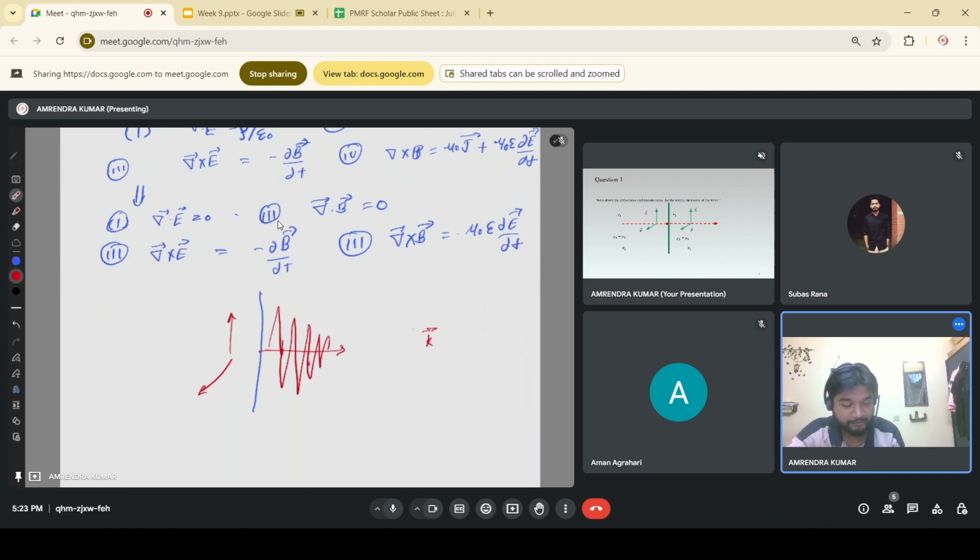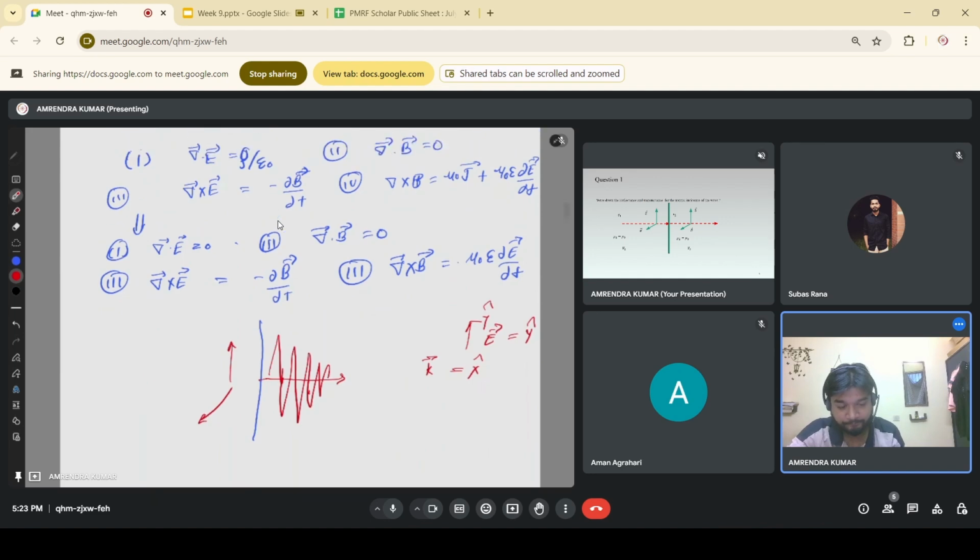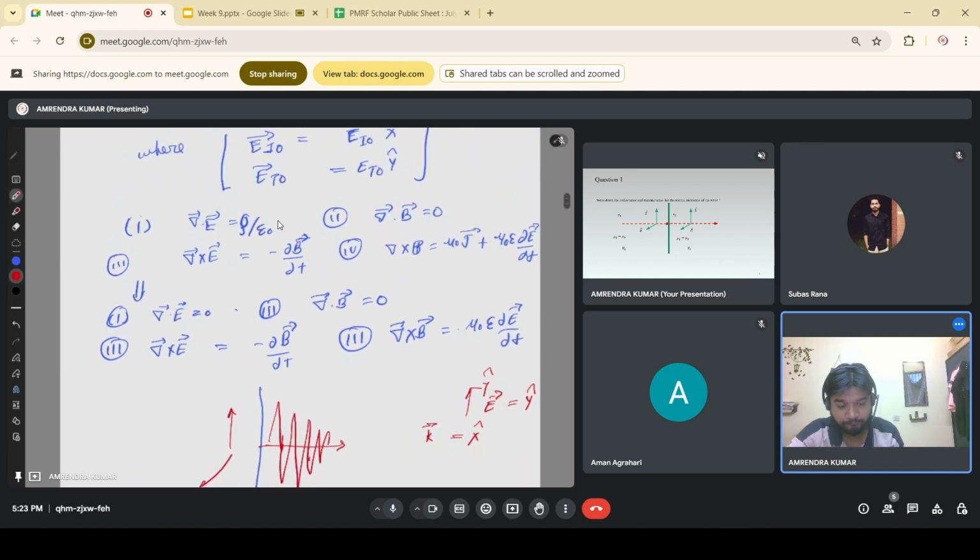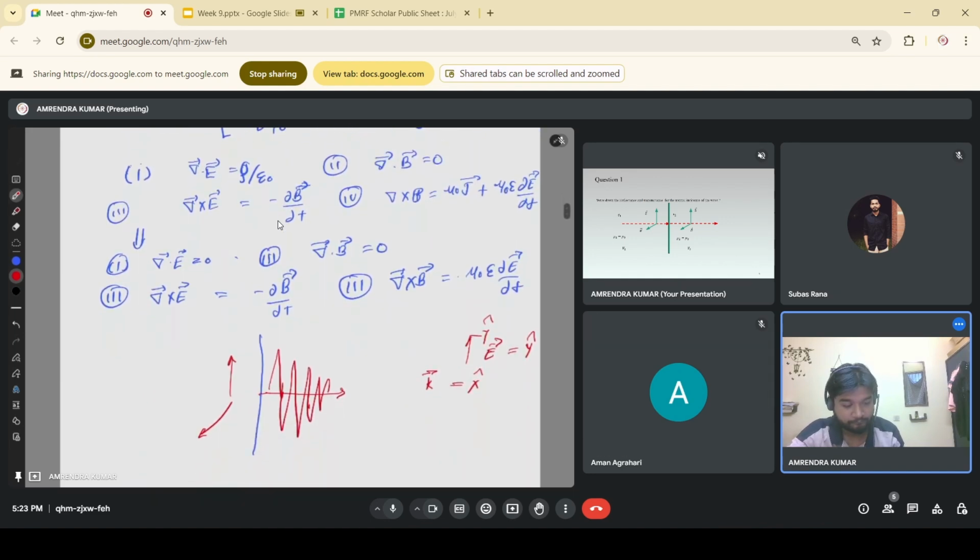That means the k vector is in the x cap direction, and the oscillations are happening in the y cap direction, and that is for the electric field. The electric field vibrations are in the y cap direction.